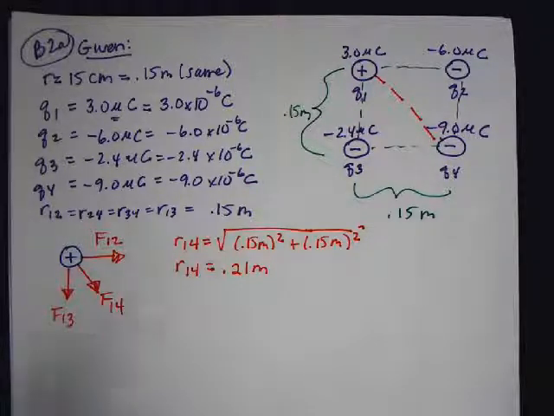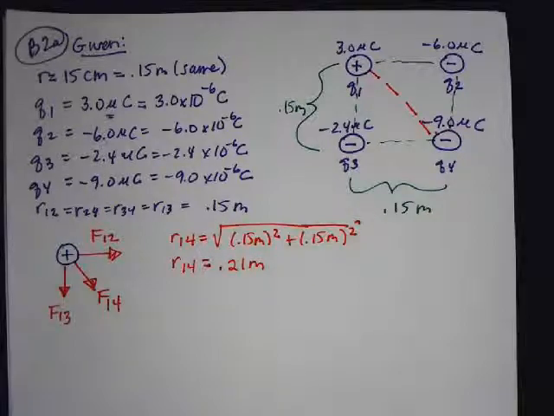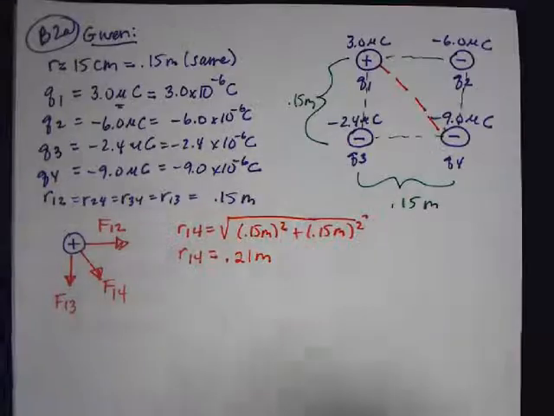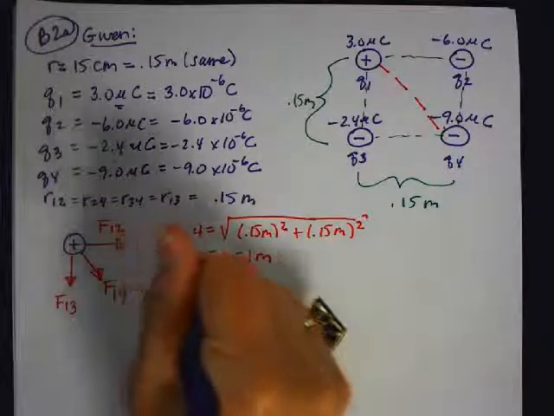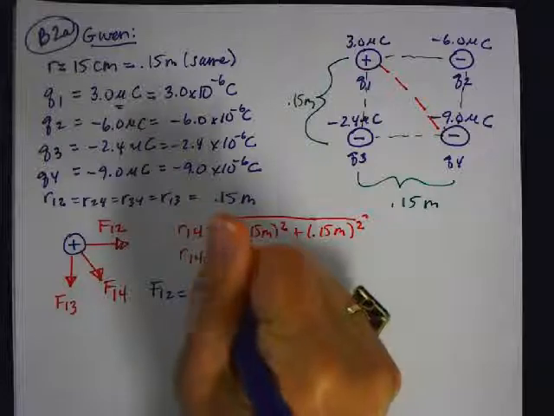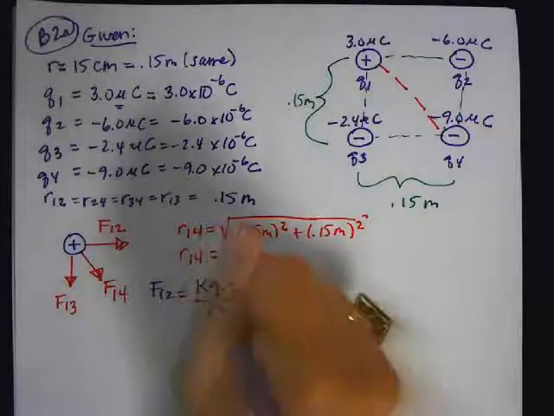We'll do F12 because that was the first one I did here. F12 is going to be K Q1 Q2 over R squared.